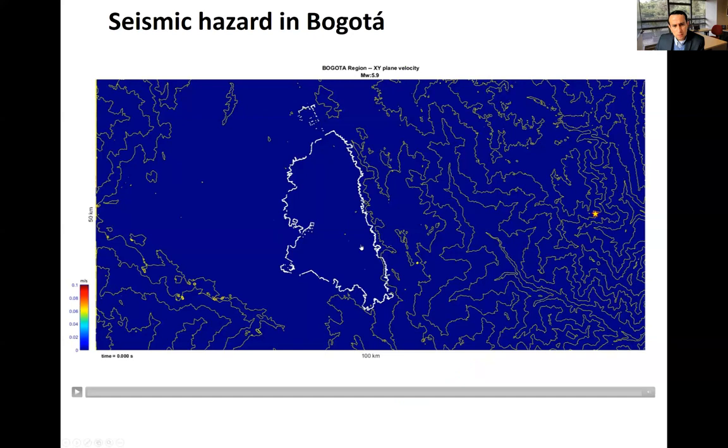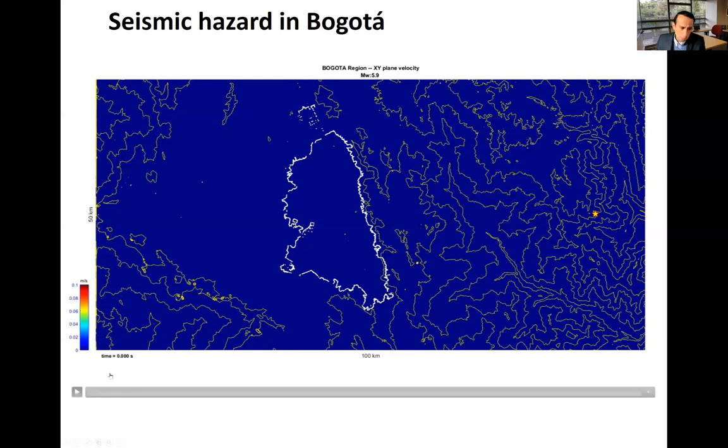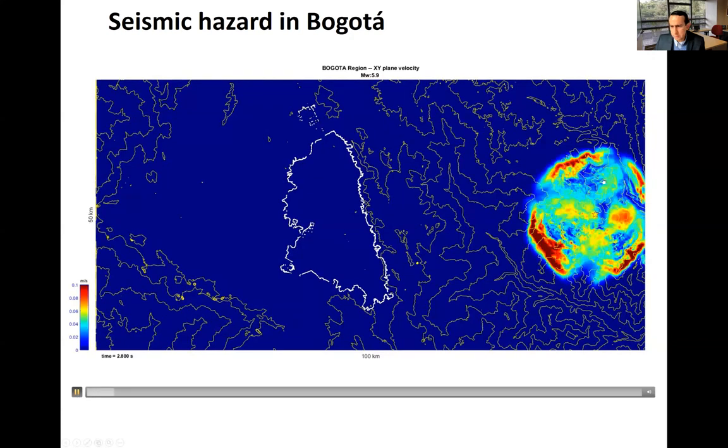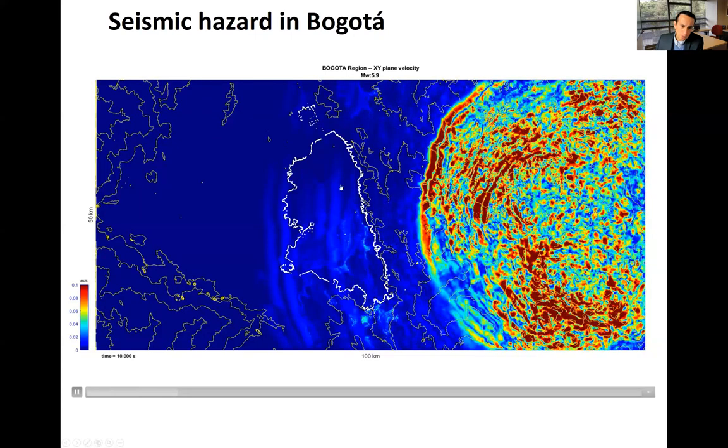Here I'm showing a plan view of Bogota, and this part here is the mountains. This is a model we built with a PhD student, which has thousands of finite elements. So we were able to propagate an earthquake that happens by the mountains, and it arrives at the city.